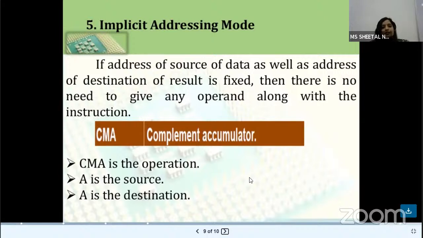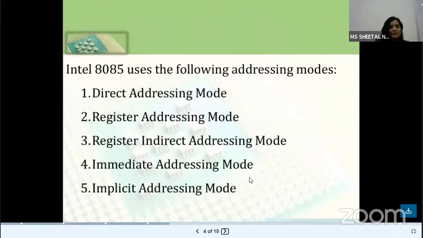So these are the addressing modes of the 8085 microprocessor, and we have 5 addressing modes. Once again I repeat them all: direct addressing mode, register addressing mode, register indirect addressing mode, immediate addressing mode, and implicit addressing mode.